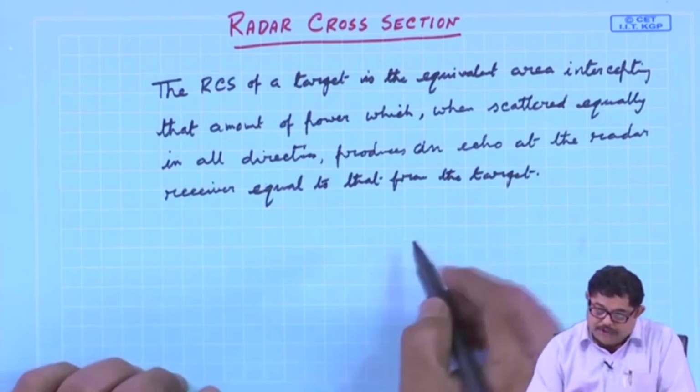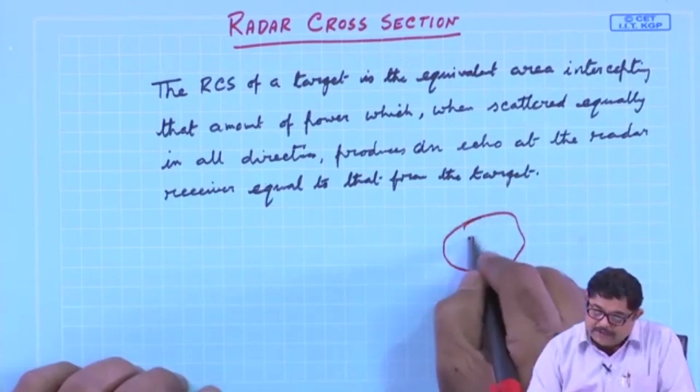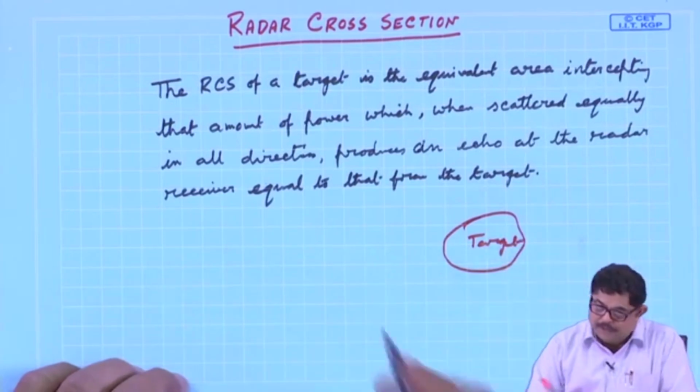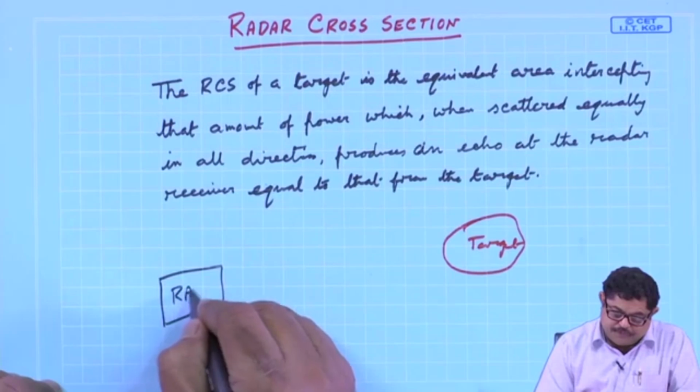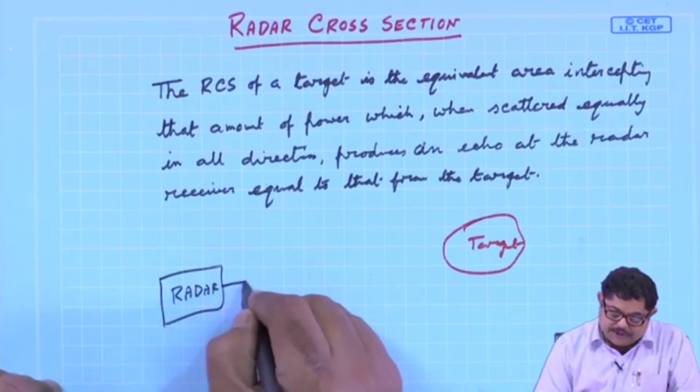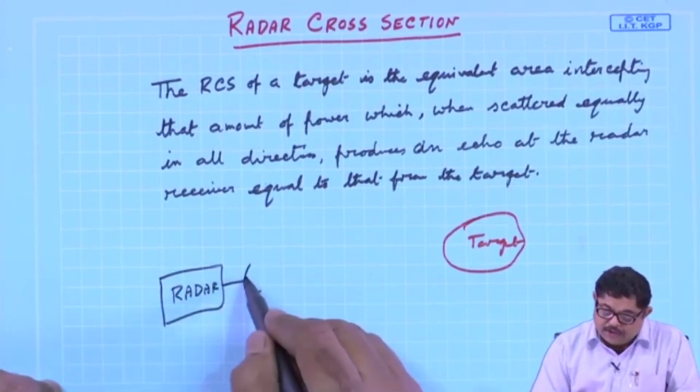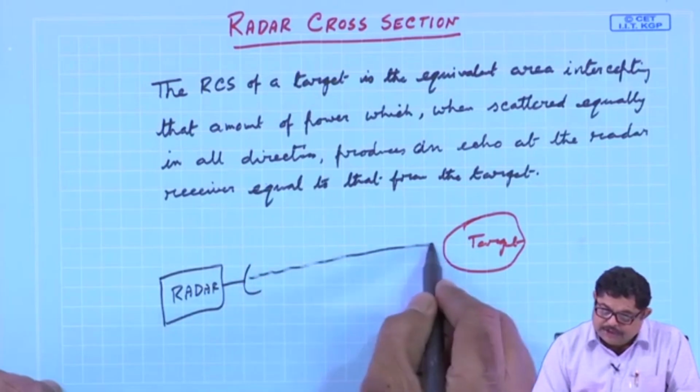So, let me draw this: this is the target, this is the radar, this is the antenna of the radar. First, the wave goes in this direction.